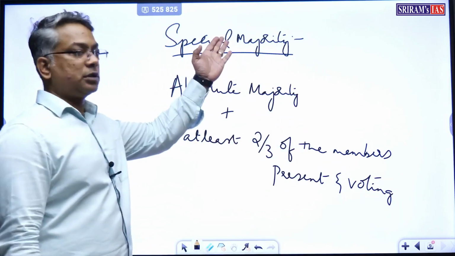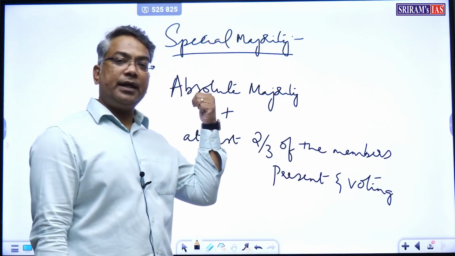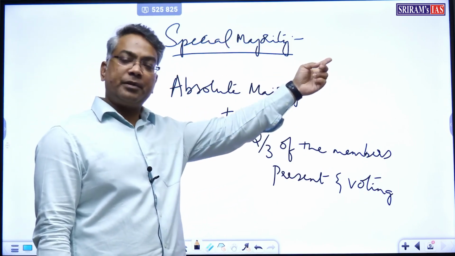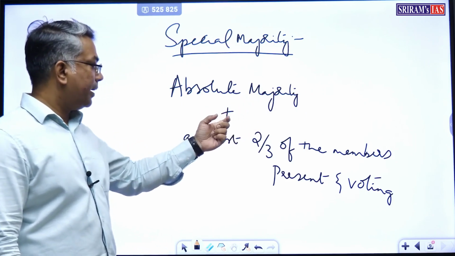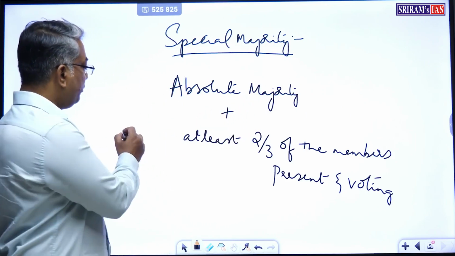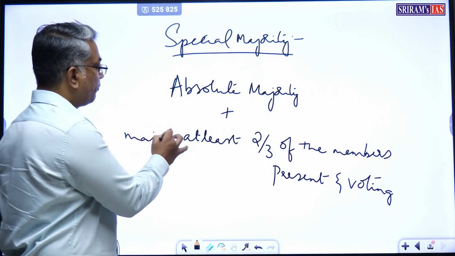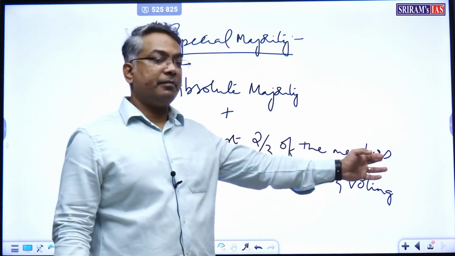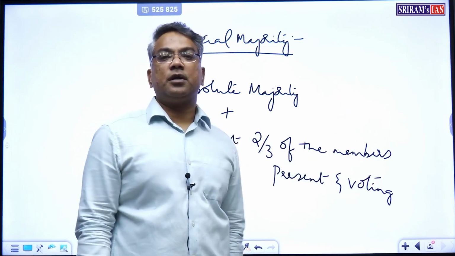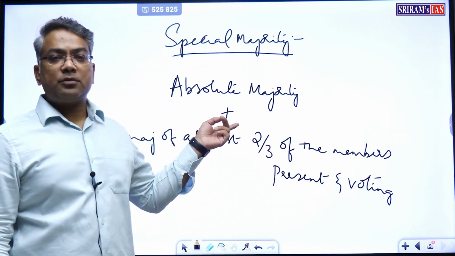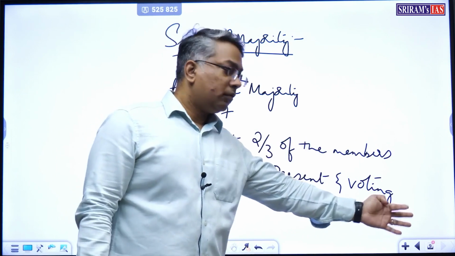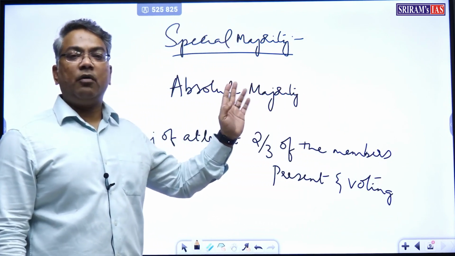That is special majority. So, the address has to be supported by special majority of both the houses.